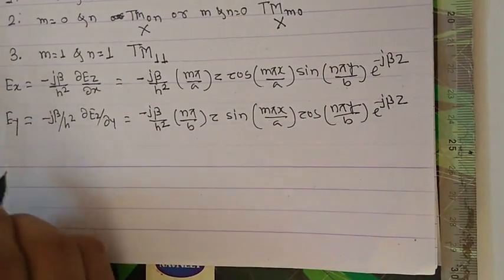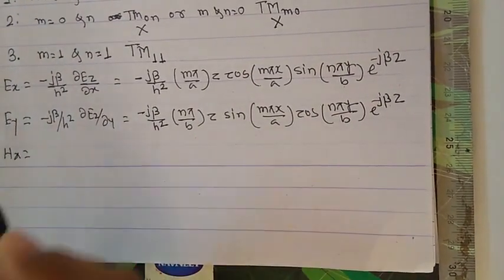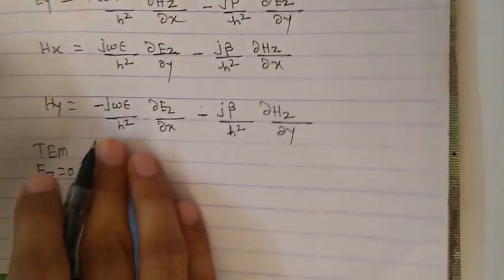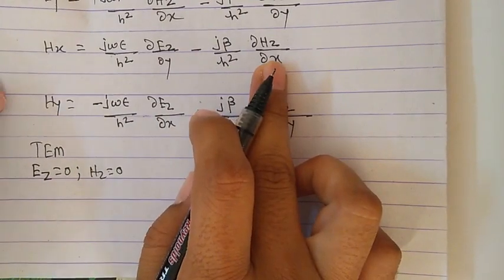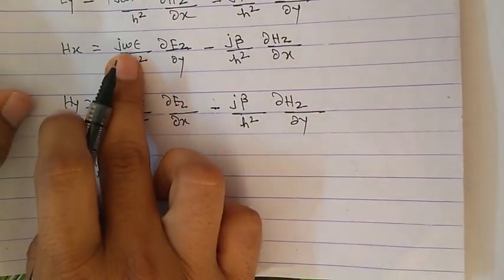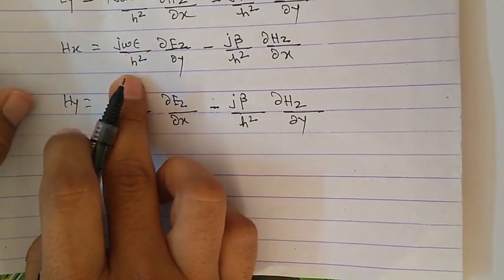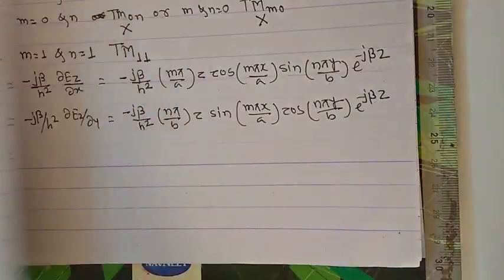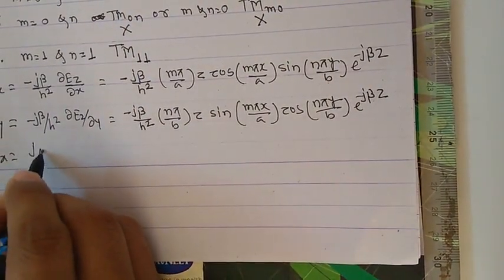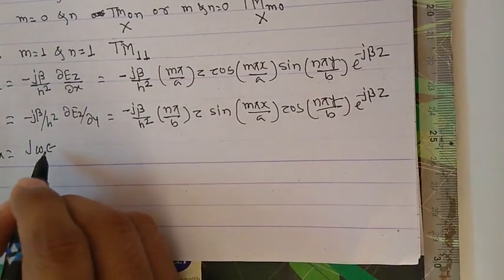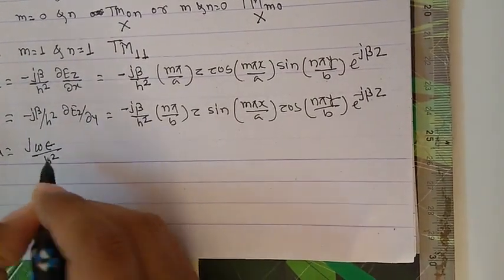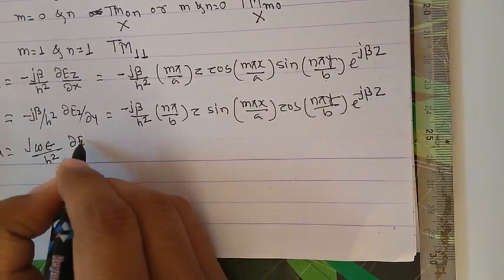Now Hx. This second term will be 0 because Hz is 0. So j omega epsilon upon h square del Ez by del y.